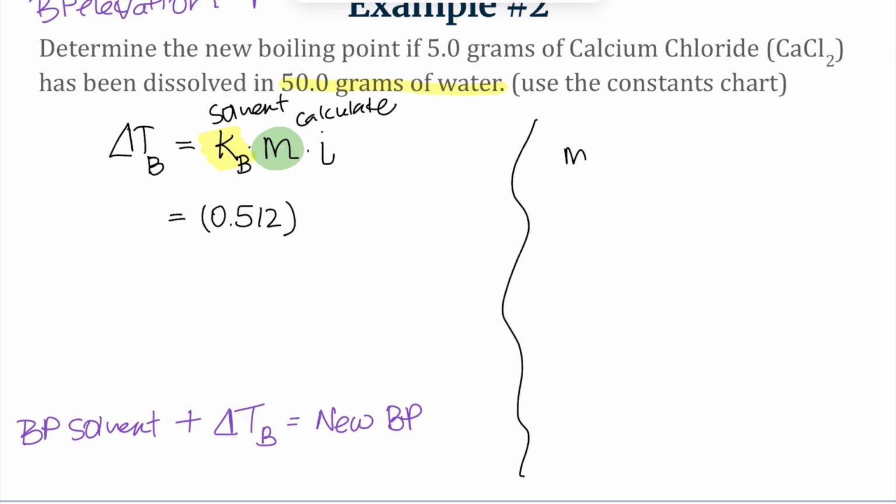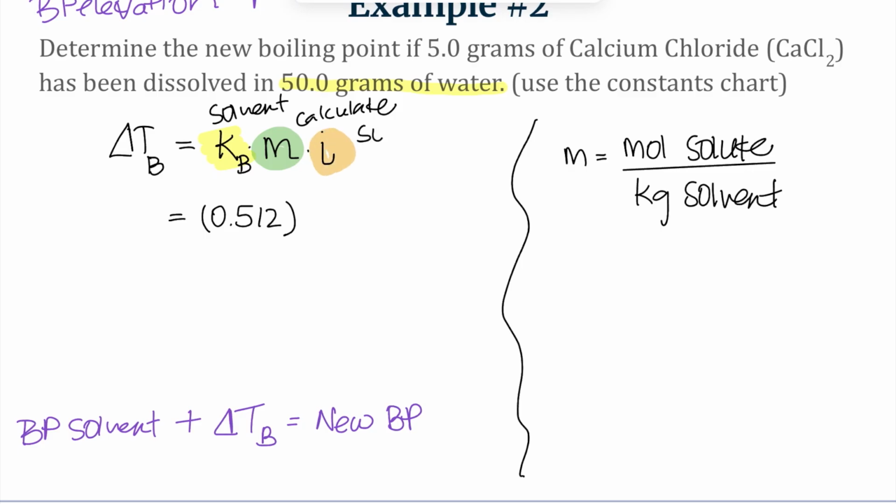So that molality is going to be our moles of solute over kilograms of solvent. And then our i value is going to come from, for our solute, how many pieces is that breaking up into?